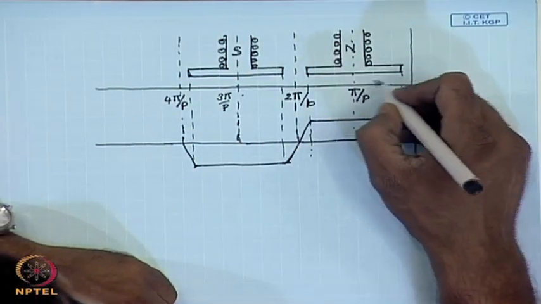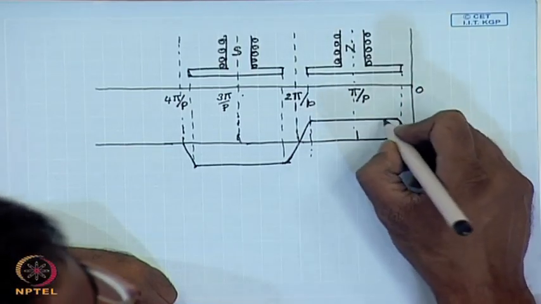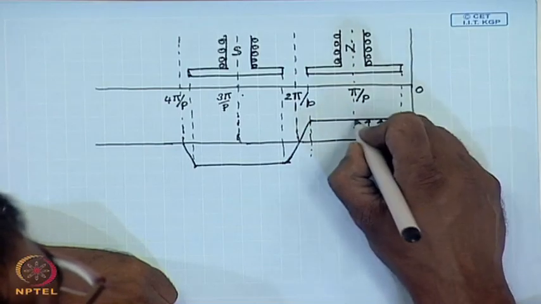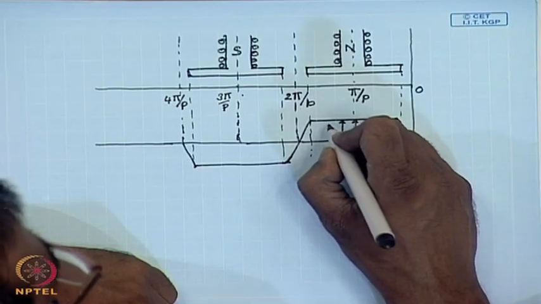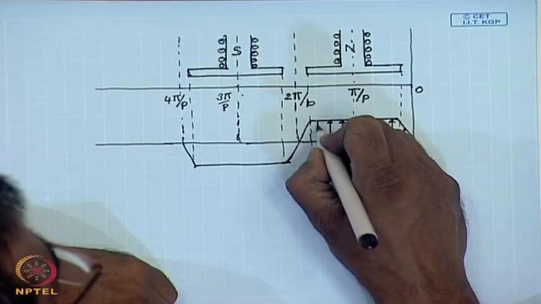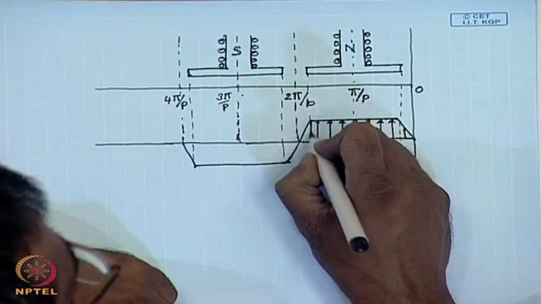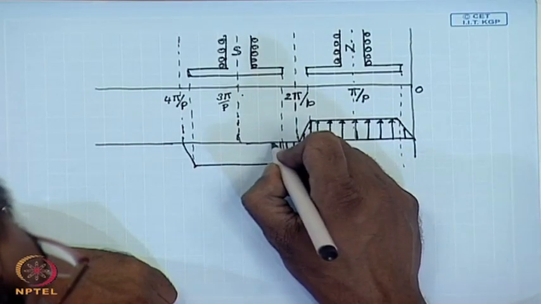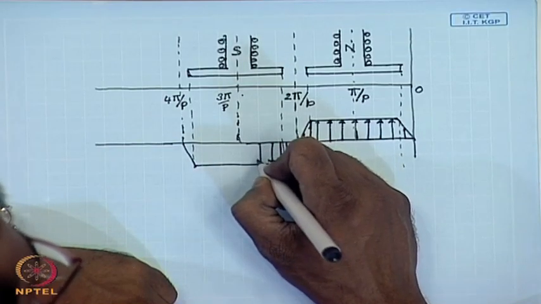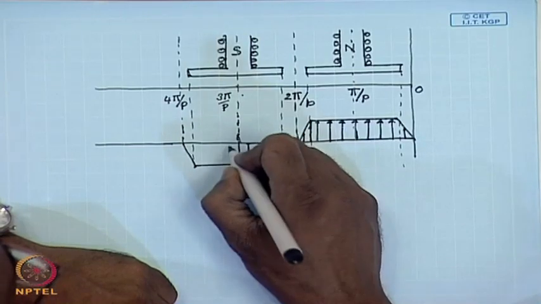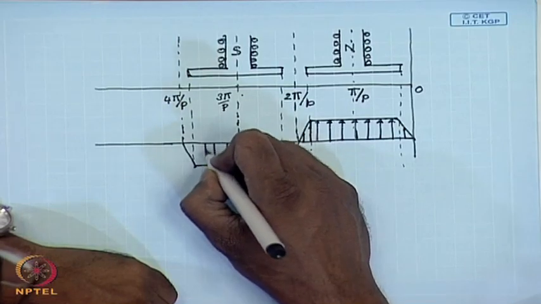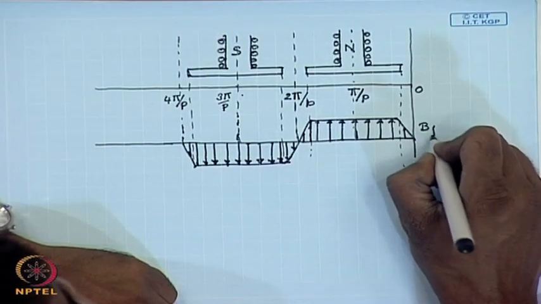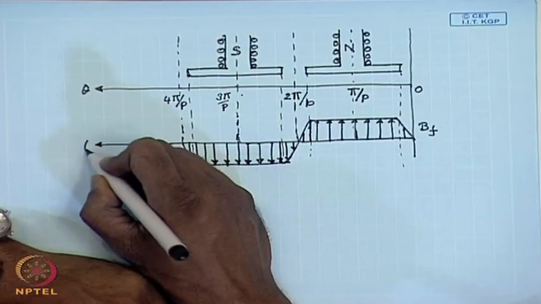In this region, flux is going from the pole to the armature, which we call positive flux and denote by these arrows. And this is the negative flux which flows from the armature to the south pole and is denoted by these negative arrows. So, this is the flux density waveform due to the field winding alone.